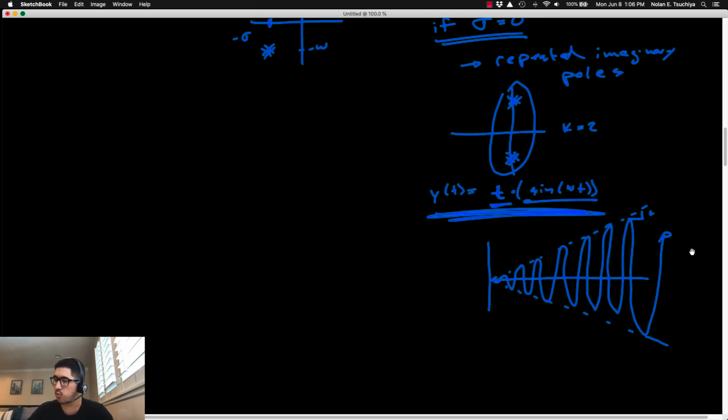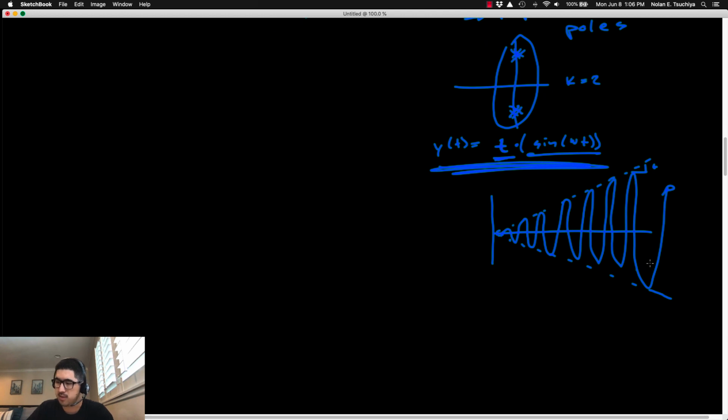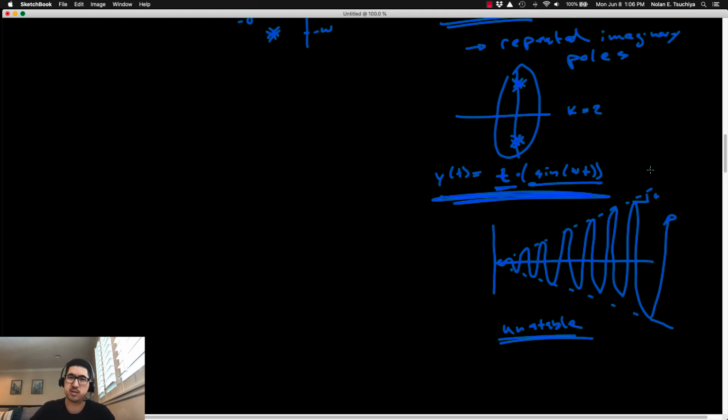Now, based on our original definition, this is not marginally stable, despite having only poles on the imaginary axis. Right? This is actually an unstable response, which is kind of unfortunate because it's a very nuanced scenario where even though we have poles only on the imaginary axis, we still have an unstable response.